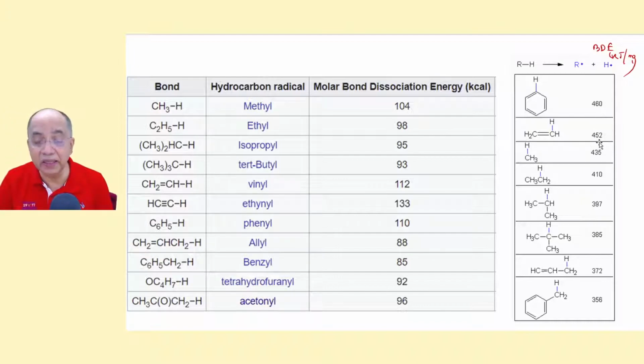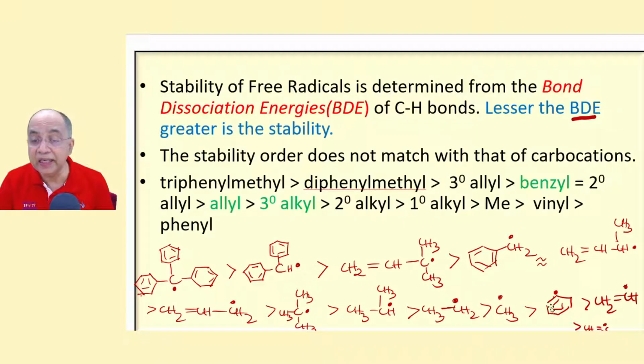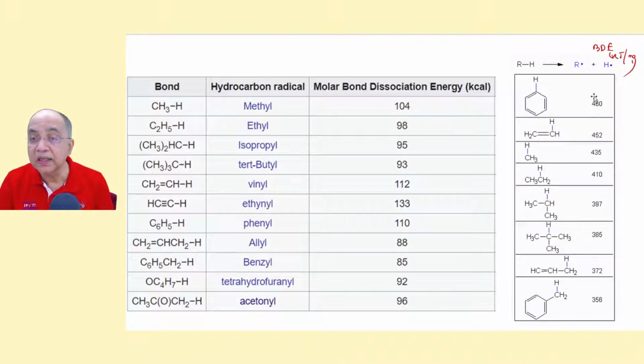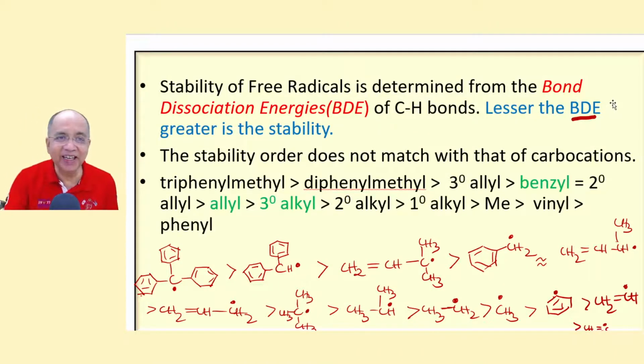So according to this, phenyl is more stable than vinyl. But according to the other data, vinyl is more stable than phenyl. So I think in this controversy, I will give my ruling.